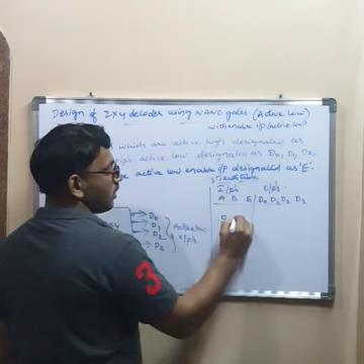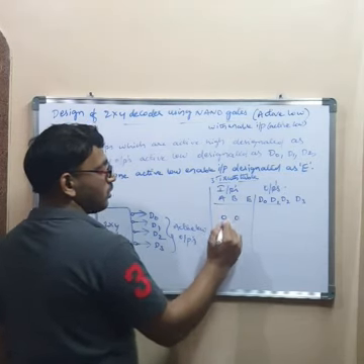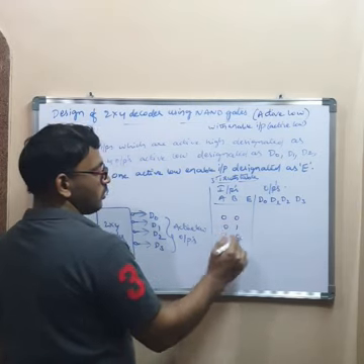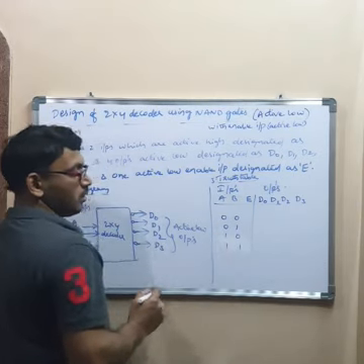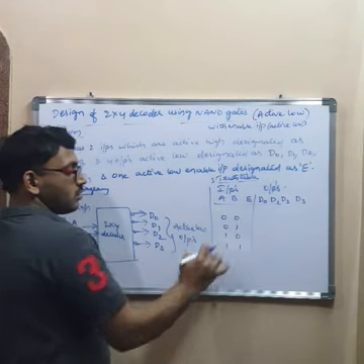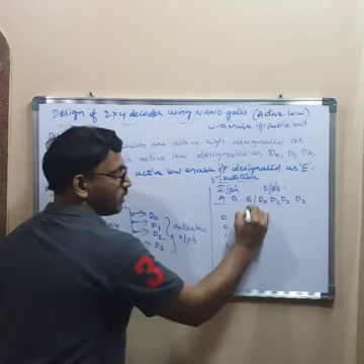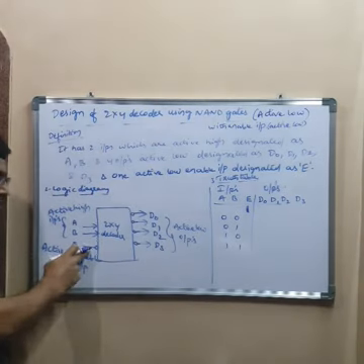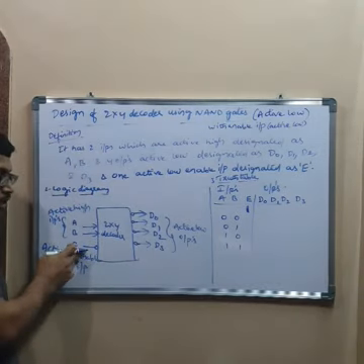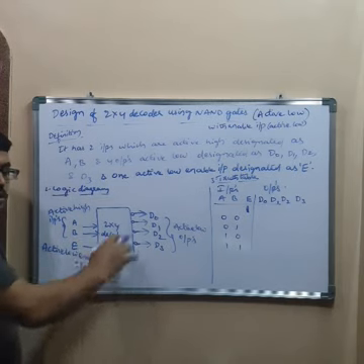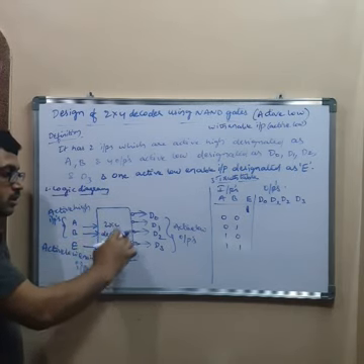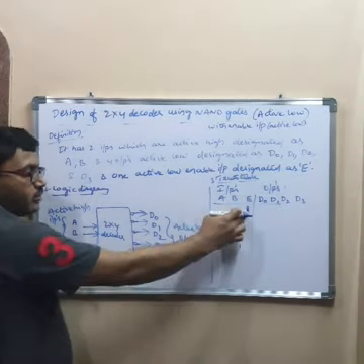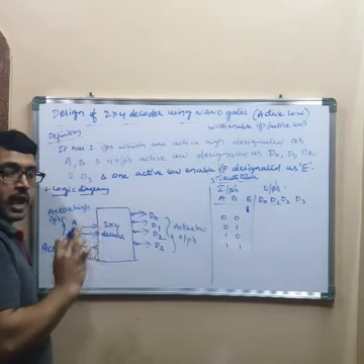There are two inputs, so there will be four different combinations: 0 0, 0 1, 1 0, 1 1, right? Before applying this, I am not activating the enable input. Active low enable input is active whenever you apply 0. Whenever you apply 1, the circuit will be in deactive state. So now the circuit is deactive, that is, enable input is not activated.